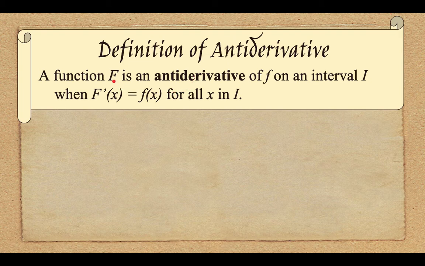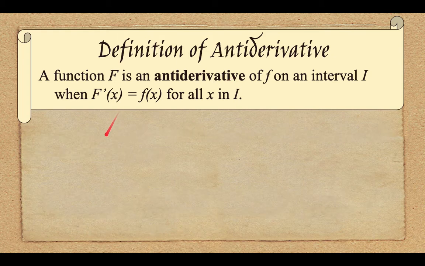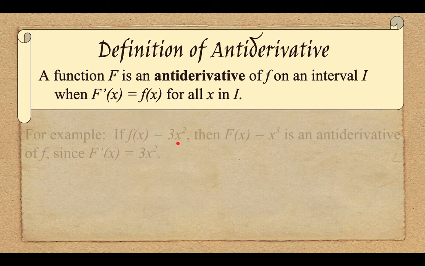We say capital F is the antiderivative of this function, lowercase f, if the derivative of the antiderivative is the function. So the derivative of capital F is lowercase f for all x in my interval. That's what we mean by an antiderivative. Again, it kind of undoes what we're doing.